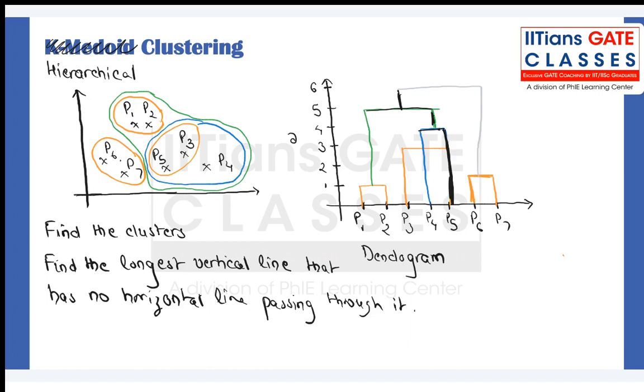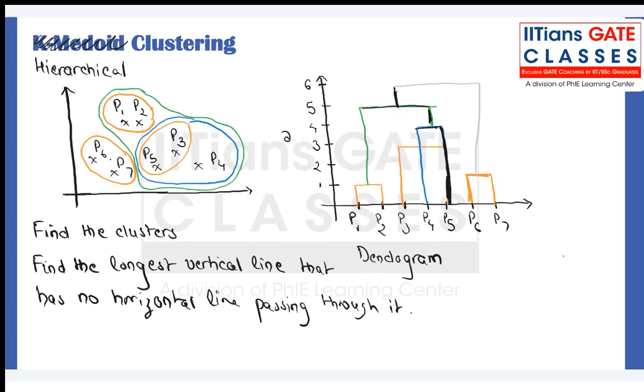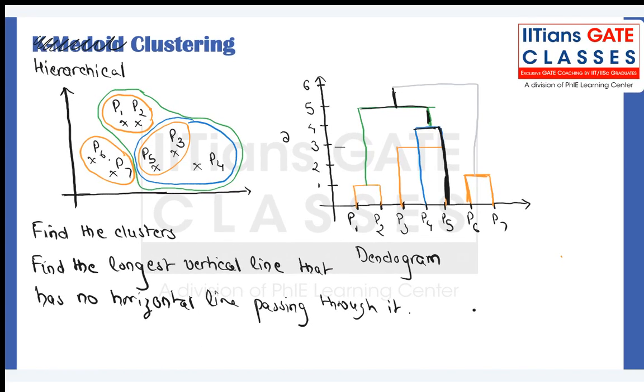Typically you can extend this horizontal line all the way around, something like this, and wherever it intersects, these are actually your clusters. In this case, it has 5 different clusters. So this is the hierarchical clustering algorithm.